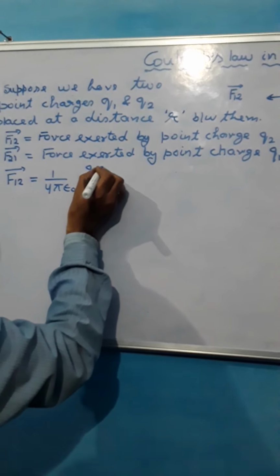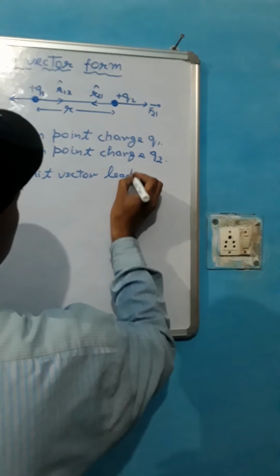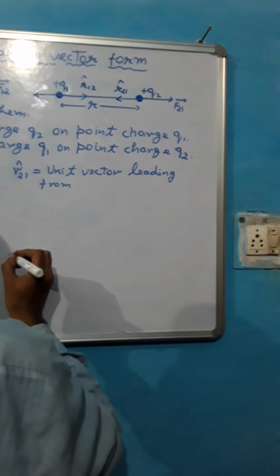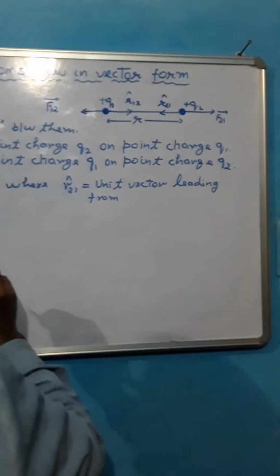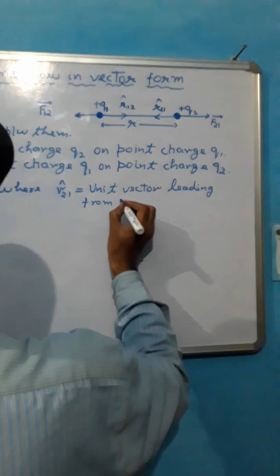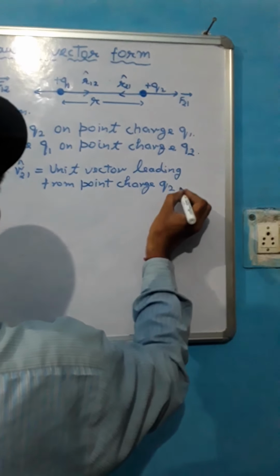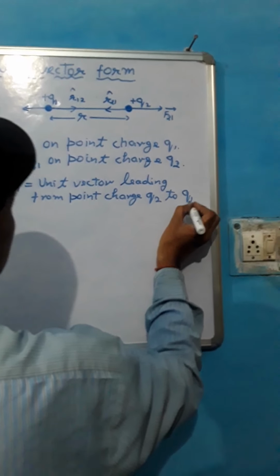Where R21 cap is the unit vector which is leading from point charge Q2 to point charge Q1.